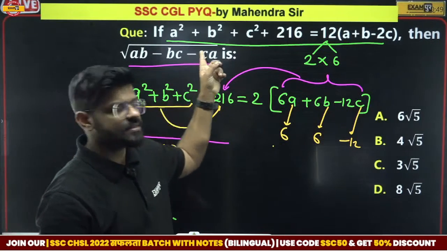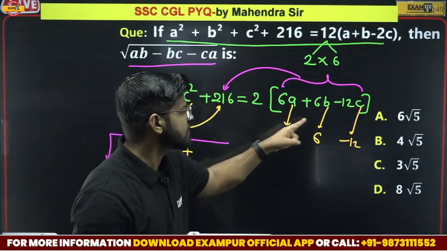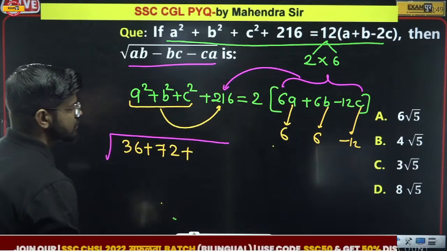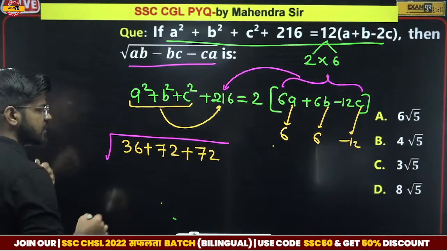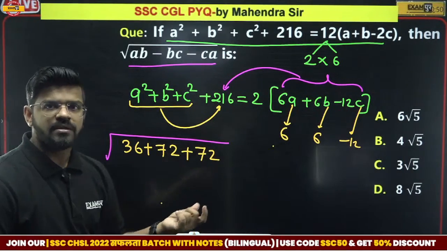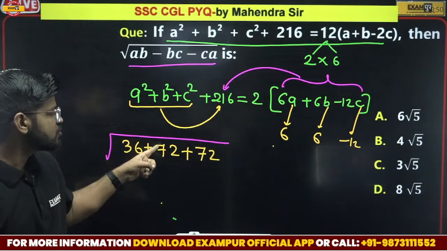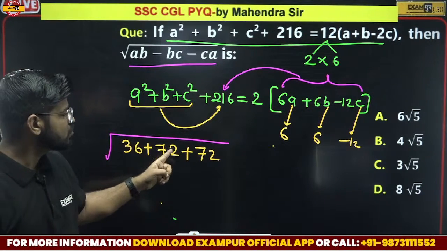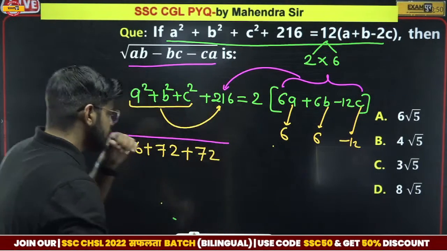We again have minus and we have to solve ac, so this thing and this thing. Again minus becomes plus. So again we are getting 72. 72 is nothing but 36 into 2. So 36 one time, 36 two times, 36 two times. So overall 36 five times.